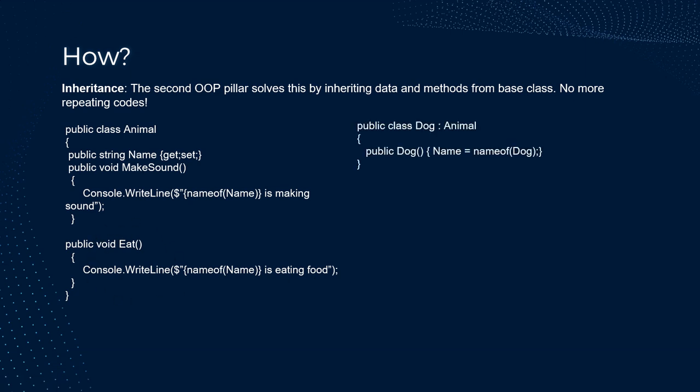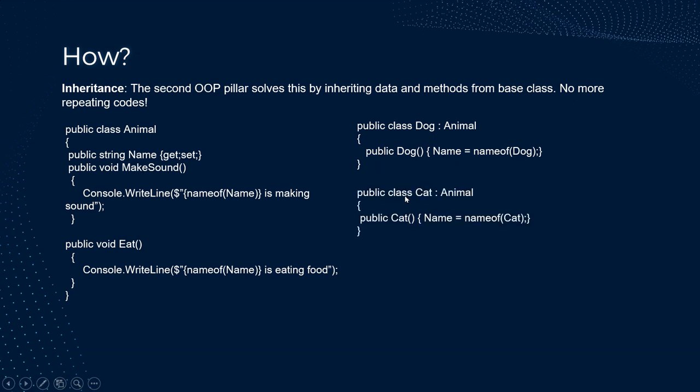And similarly we have created small classes for dog, and we are inheriting it from animal, right? So dog is an animal, correct? And this is the constructor of the dog class, and we are assigning the name property of this animal to the name of the dog, correct?